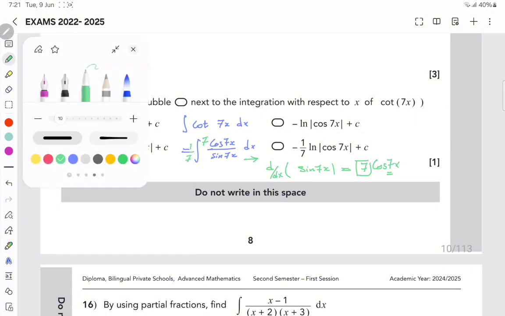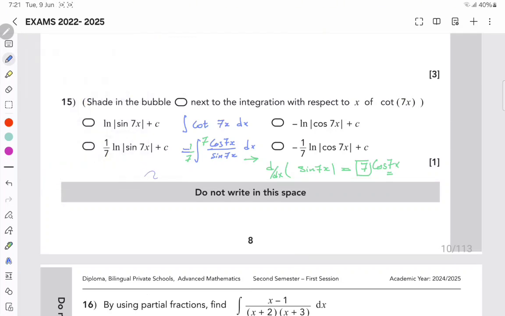So now I have f prime over f, and as you know, if you have the integral of f prime over f, the 1 over 7 goes down, the derivative is on top of the function, so it will be ln of the modulus of sine 7x, all of that plus c. Did you get it? Yeah. 1 over 7 ln of the modulus of sine 7x plus c, that is my answer.